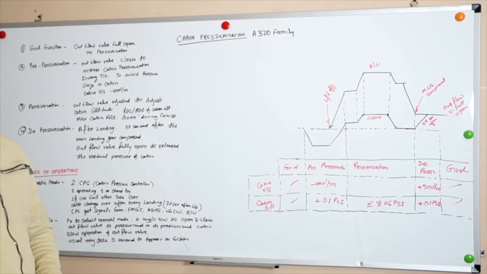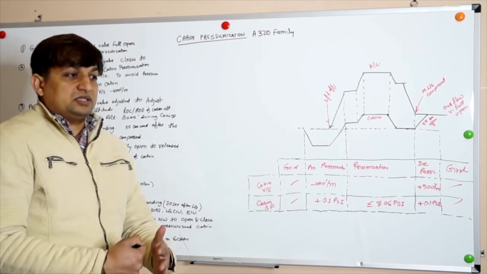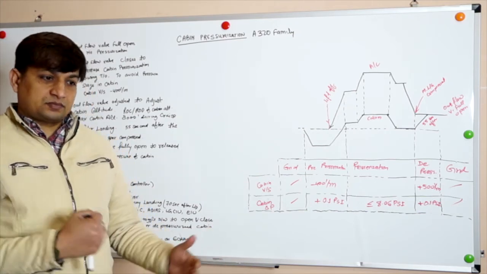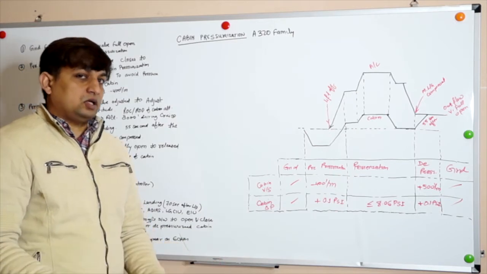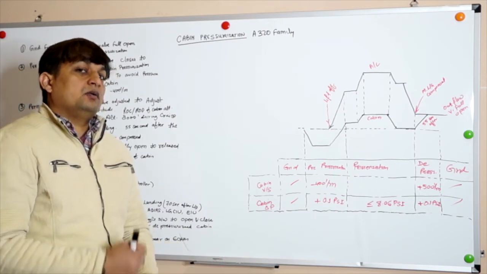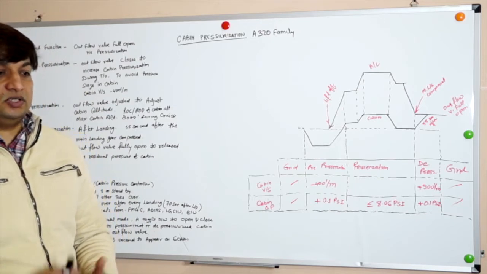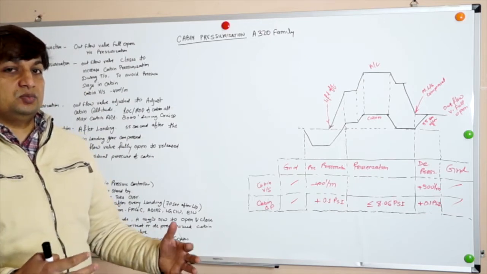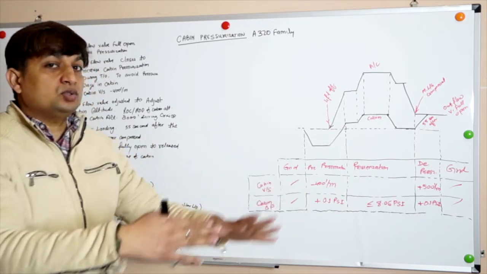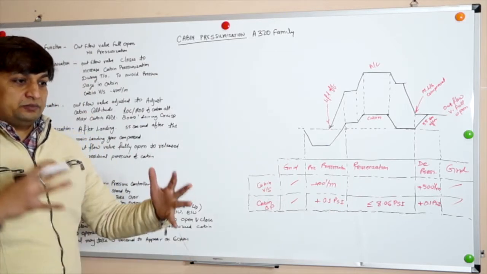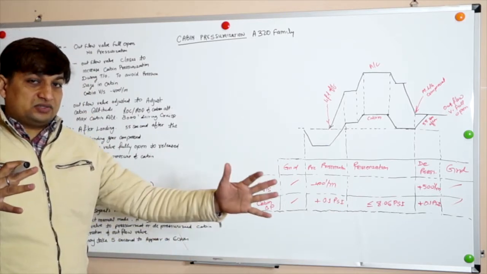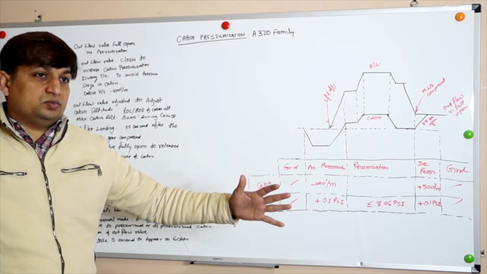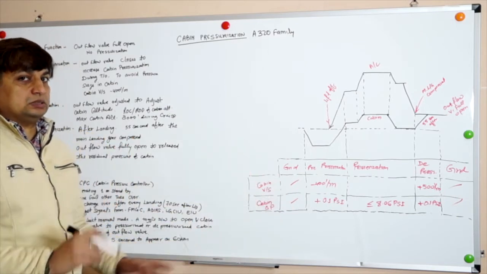Higher pressure inside, lower pressure outside, so the cabin door will not open, or if it opens, it will blast and can throw out the people, because the pressure inside is higher and outside is lower, so it will try to push things out.